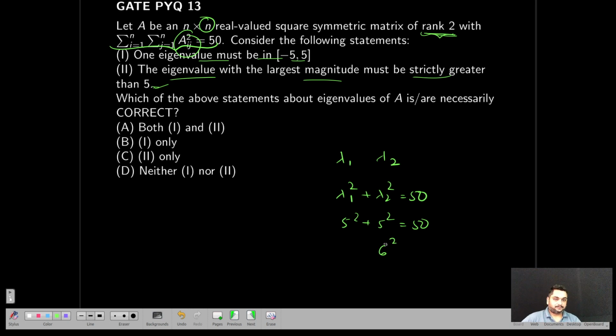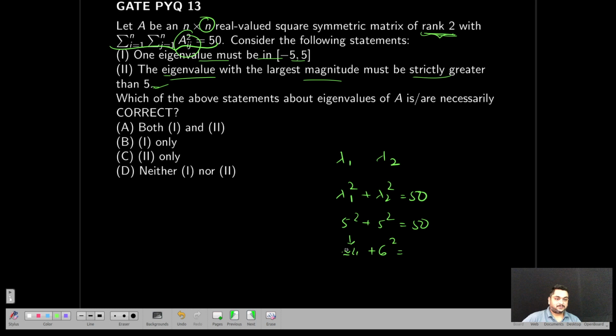Plus, what should be the value here to get 6 square? I should get some value near to 4. Okay, near to 4, not 4. Some value. So then I'll get 50. If I make this so, then one eigenvalue must be in minus 5 to 5, so that this will hold.